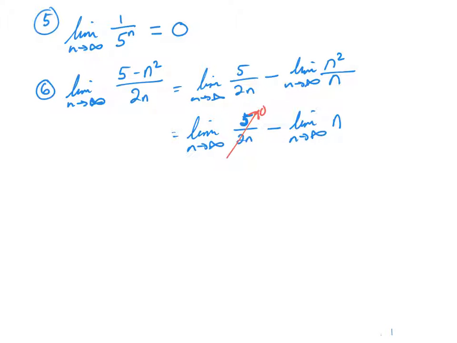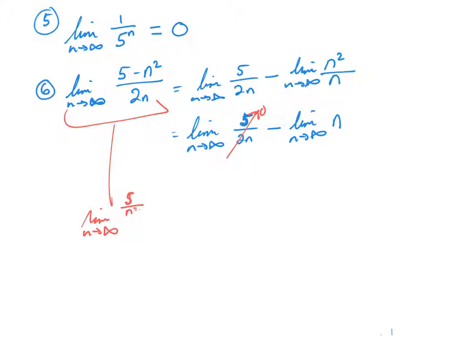Would it be n squared over n squared? Don't you take the highest value and divide it by all of them? That's one method, but you said you wanted to split it up. Well, we can do that too, you'd get the same answer in the end. Why is it 5 over 2n and then n squared over n? Wouldn't they both just be over n?